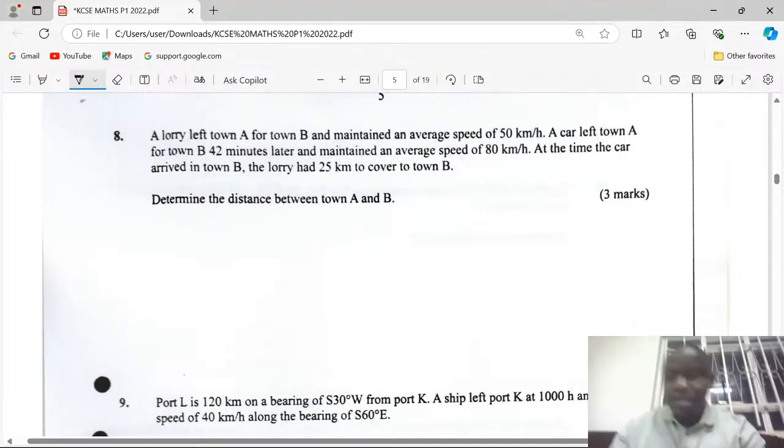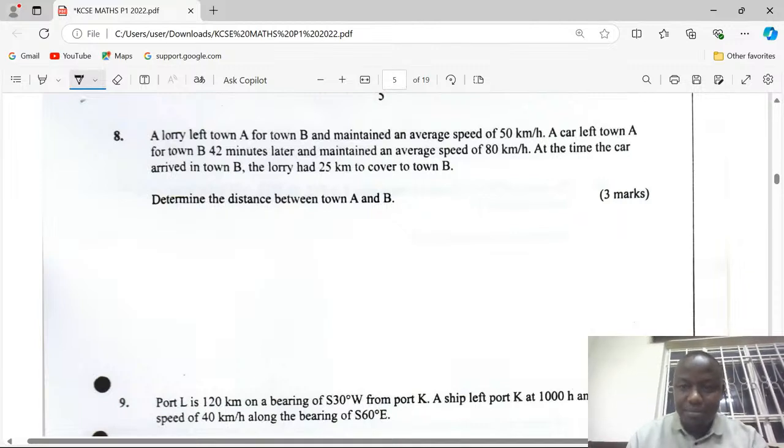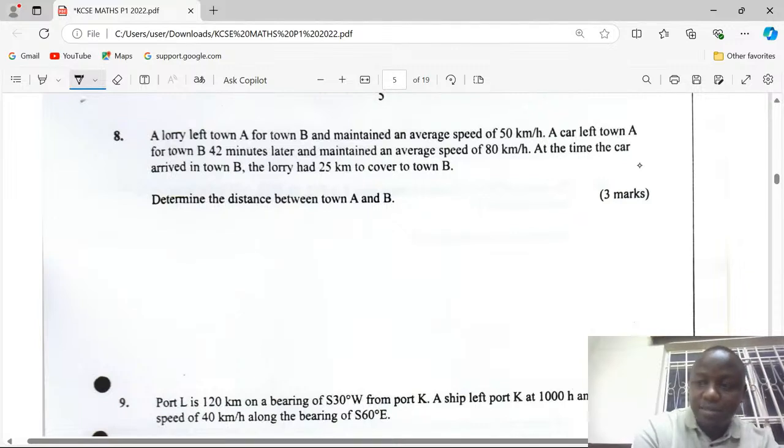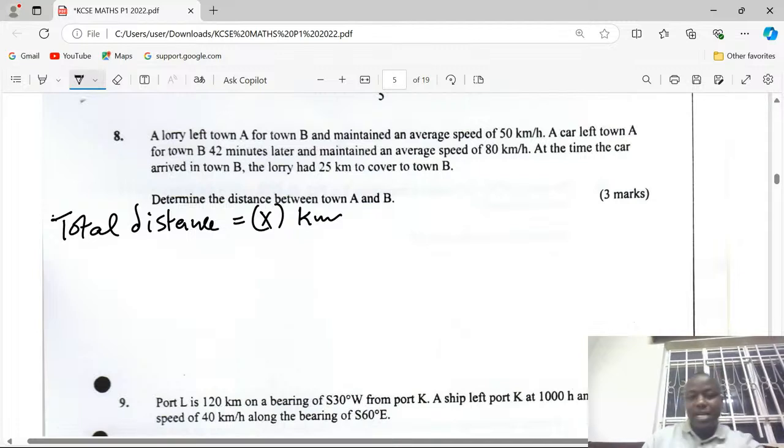So we can just sketch this information first of all. Let's assume the total distance is x kilometers.